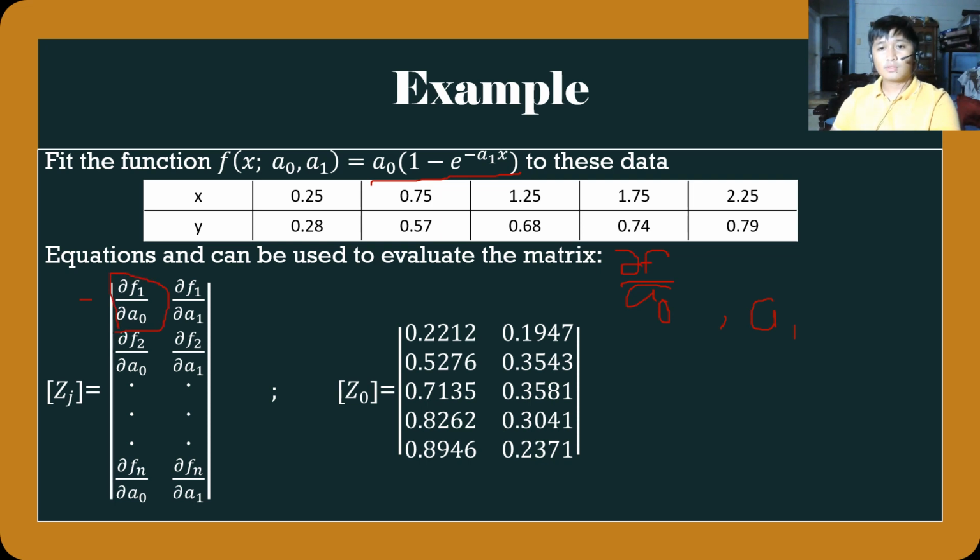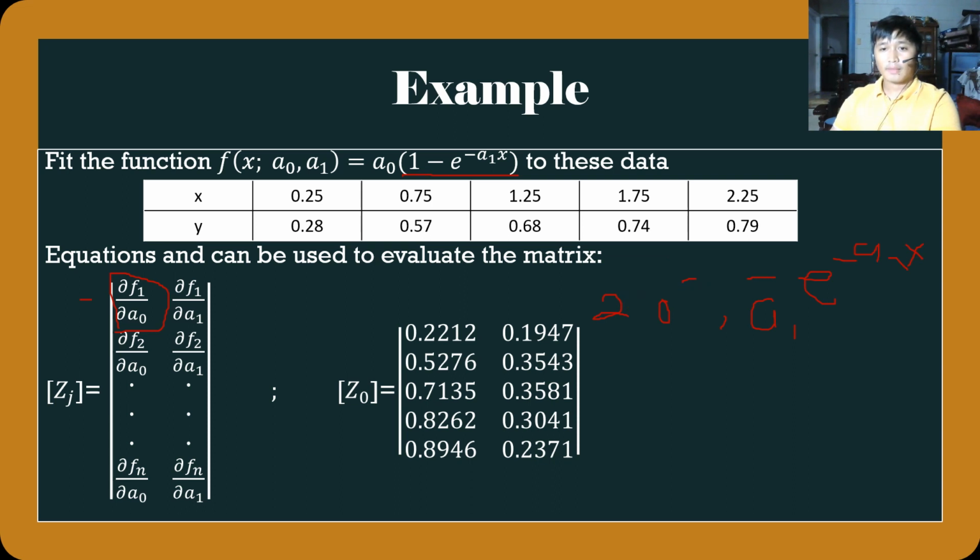The value of the partial derivative with respect to a sub 0 is 1 minus e to the negative a sub 1 x. This right side portion here is the derivative of function 1 with respect to a sub 0.